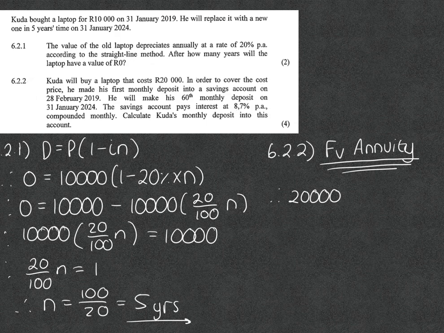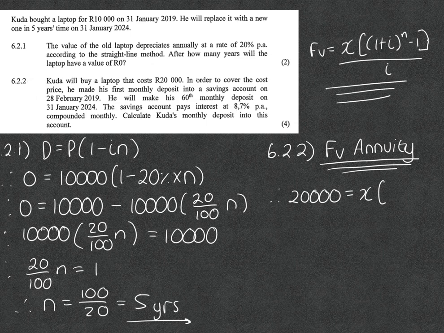That's how much we want in the bank. x, we don't know what the deposit is every month. That's what we're trying to solve for. And we are using the future value formula x open square bracket (1 plus i) to the n minus 1, close square bracket all over i. That is your future value annuity formula. You do get that on the formula sheet.